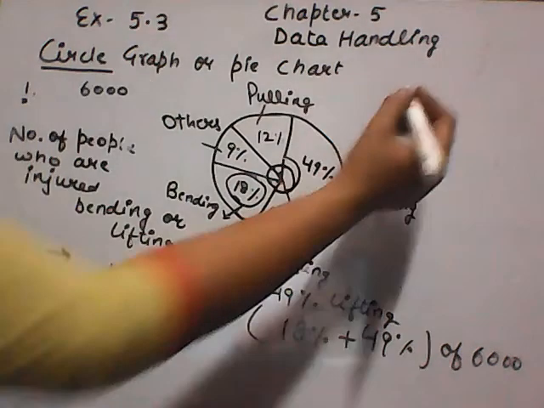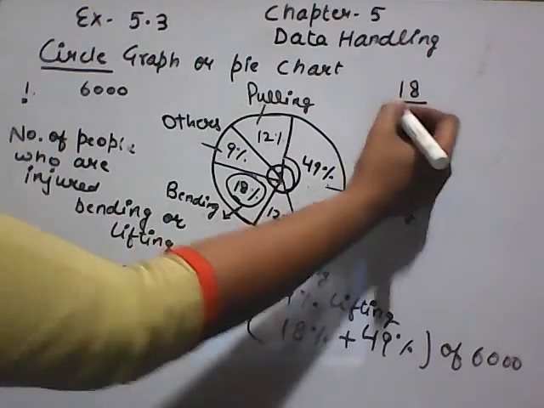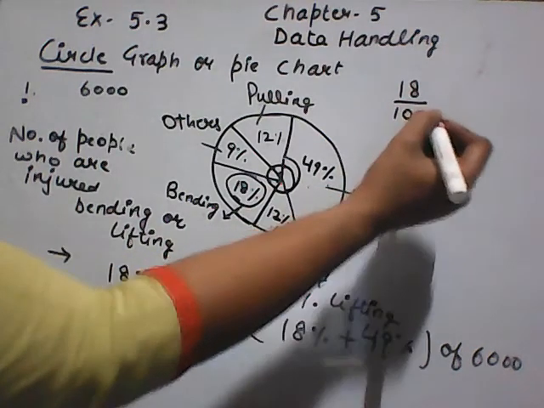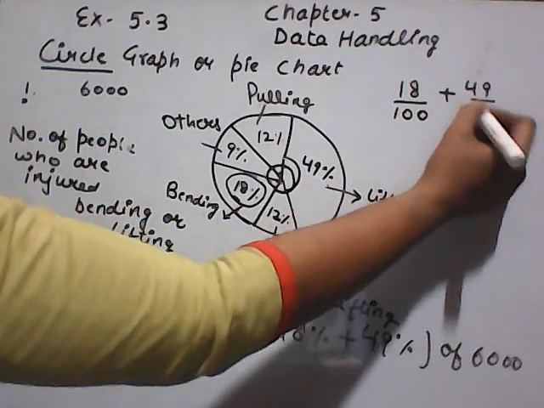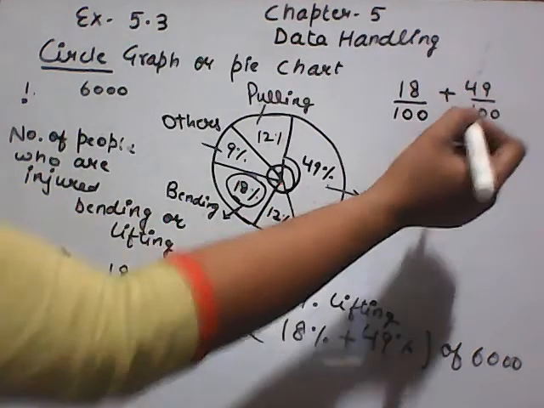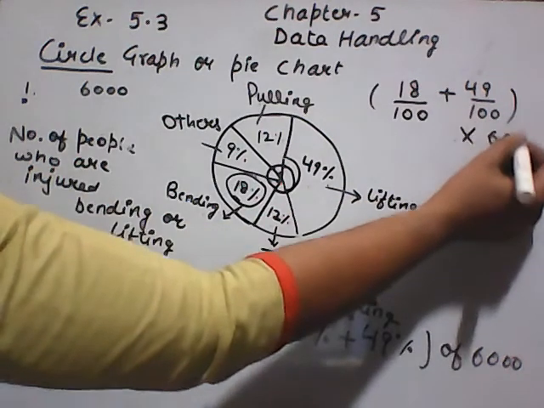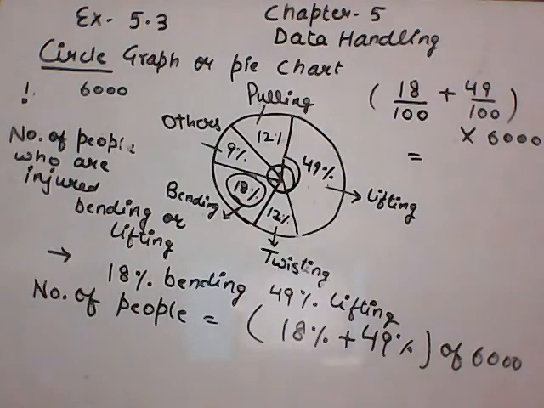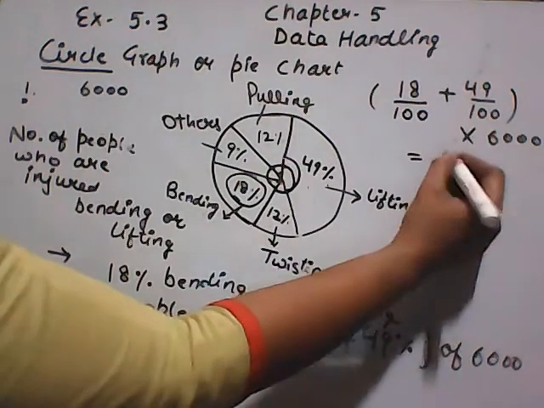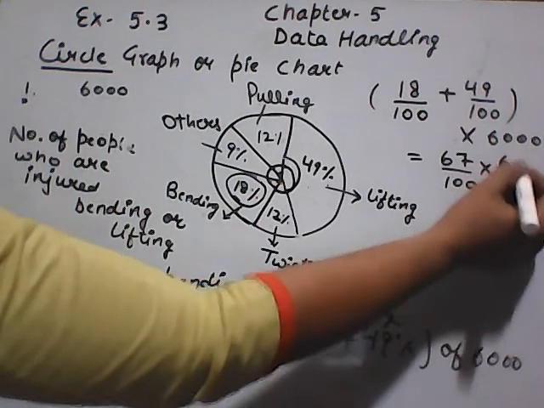18% can be represented as a fraction by dividing it by 100 and removing the percentage symbol. 49% can be represented as a fraction by dividing it by 100 and removing the percentage symbol, of 6,000, which means multiply by 6,000. Now 18 plus 49 is 67. 67 divided by 100 multiplied by 6,000.